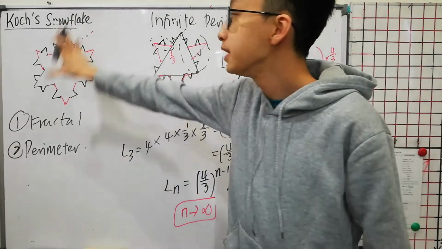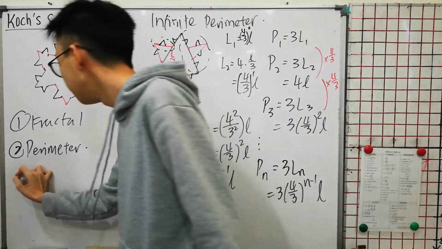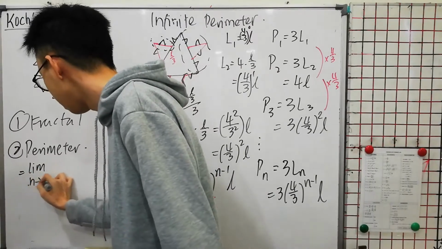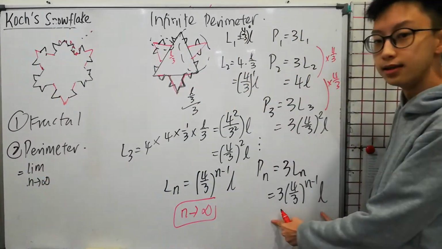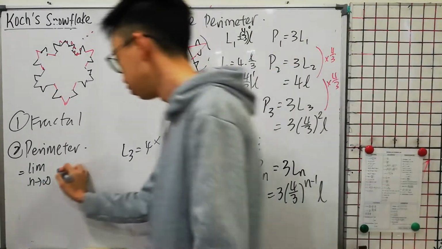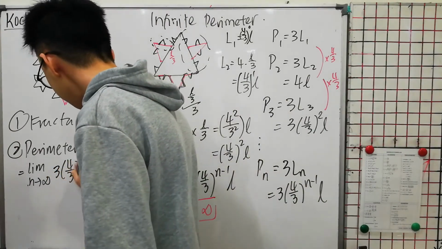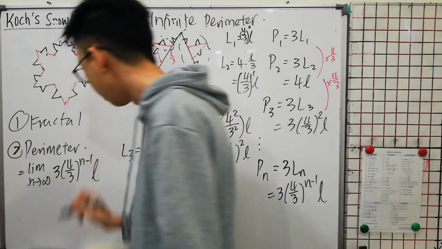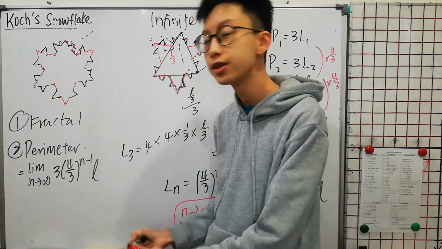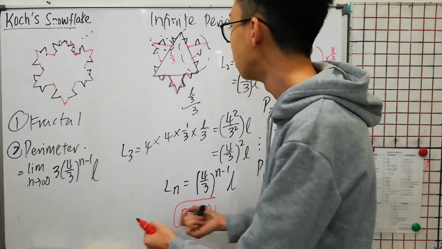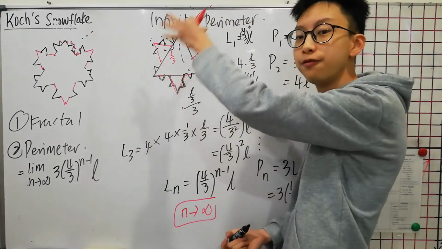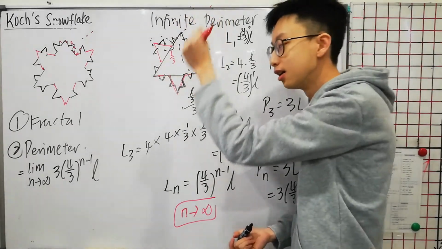So the perimeter of this shape here will be the limit as n approaches infinity of this expression, 3 times 4/3 to the n minus 1 times L, where your L here is a constant which depends on the side length of your first equilateral triangle.